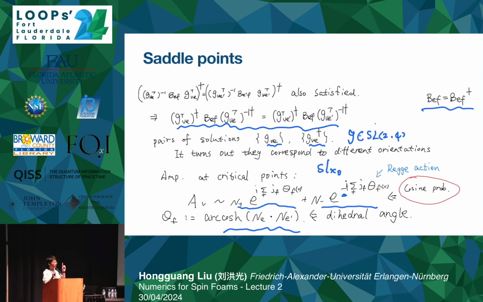So we have two contributions because we have two critical points, and they are the dominating ones because their real parts are 0. They only contribute to the phase as a critical action. If we only had one contribution, this would be nothing else but the Regge action. But since we have two, it's not exactly the Regge amplitude.